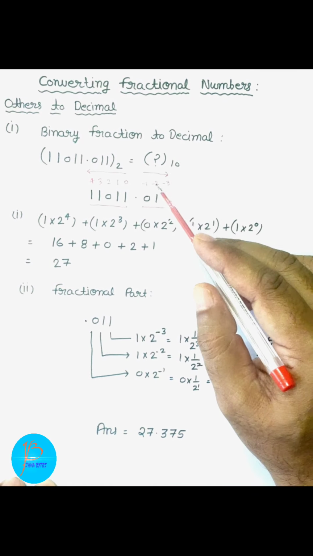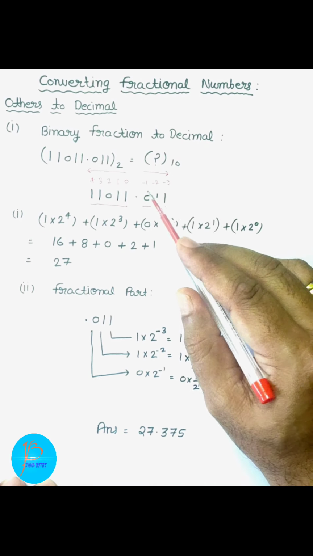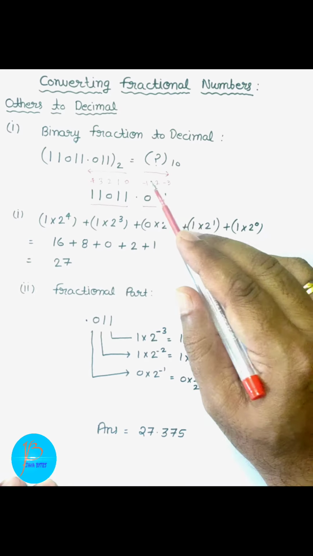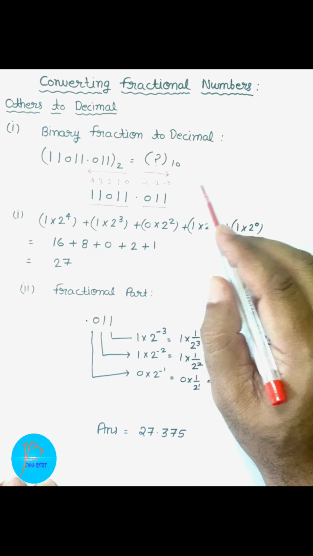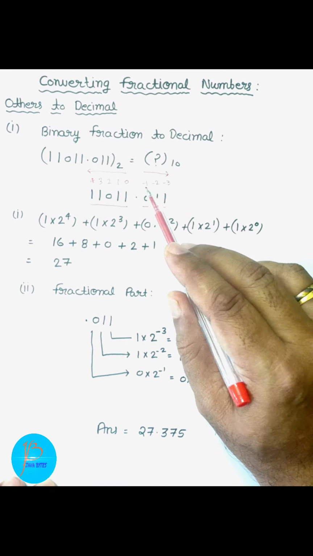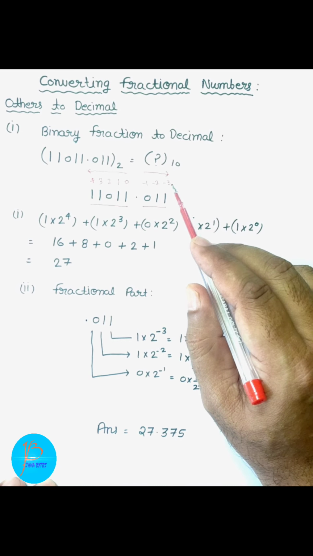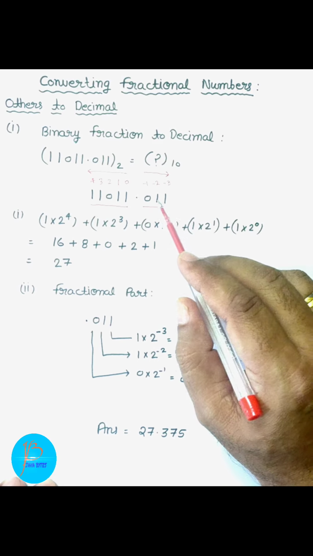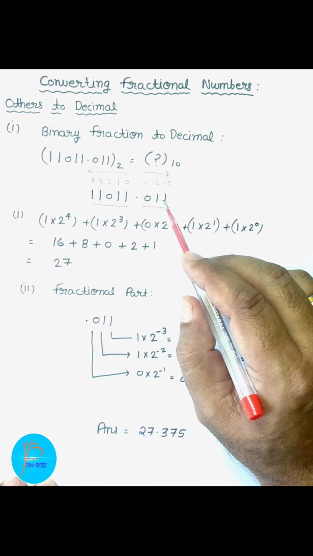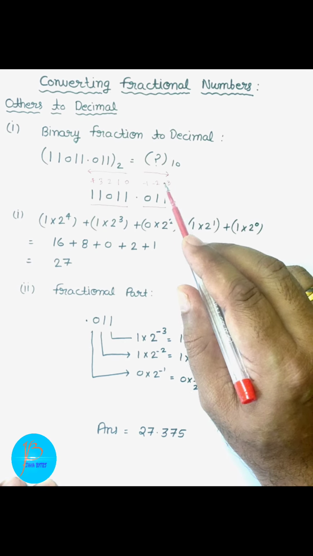In the same way the fractional part is marked from -1 onward: -1, -2, -3. These are the powers on the base of that number system. Here the number system is binary and its base is 2.